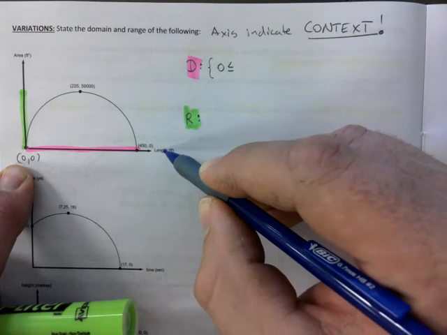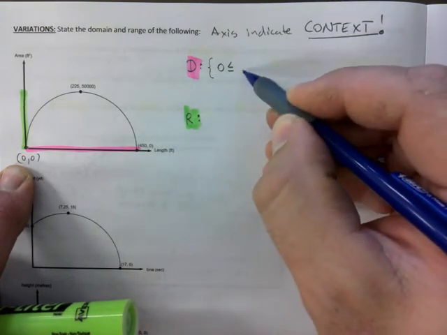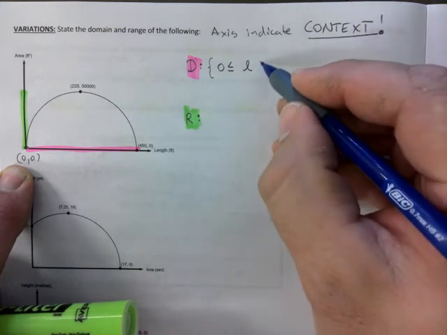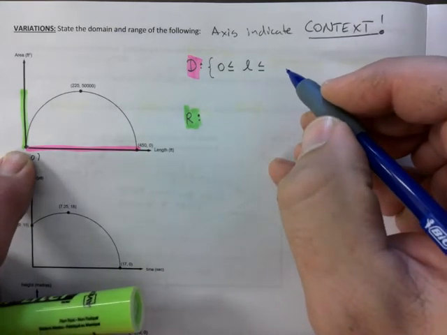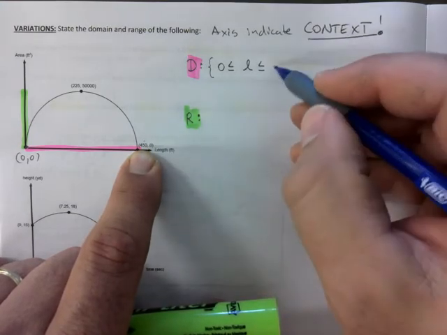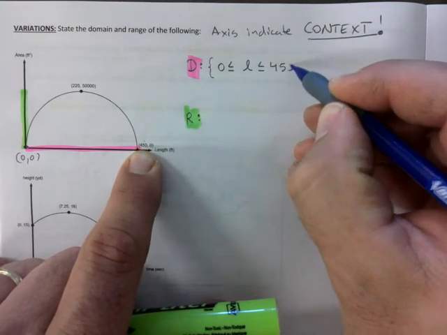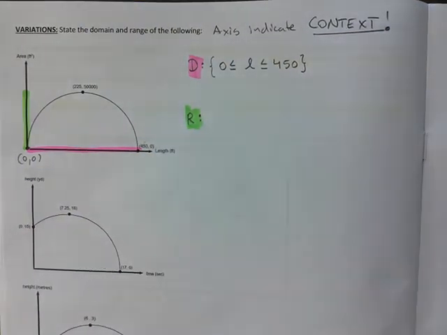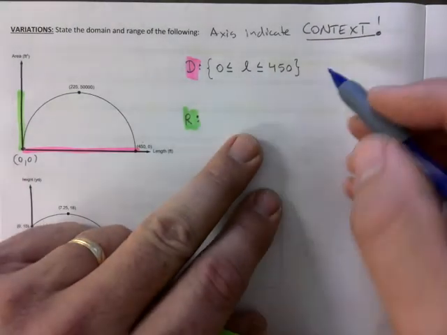I'm assuming it's going to be L for length, lowercase. You can go uppercase, it's up to you. And it has to be less than, so it goes from 0 all the way to, what's the greatest x value there? 450. Okay? So that would be the acceptable x values in this case.